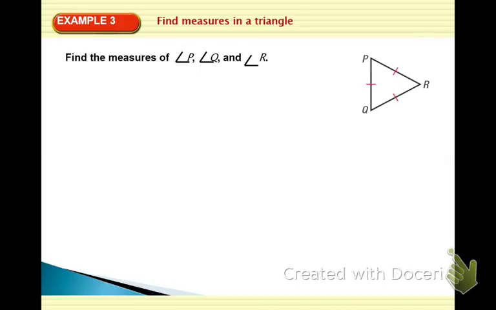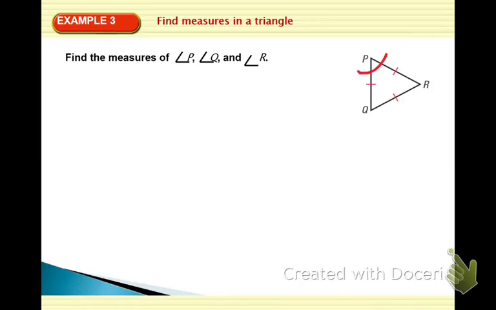Find the measures of P, Q, and R. What do we know about P, Q, and R? Because this is obviously an equilateral triangle. Yes? They add together to get 180 degrees. That's true. What's the other thing we know about them, from this corollary we just defined, Logan? Yeah, they're all equal.